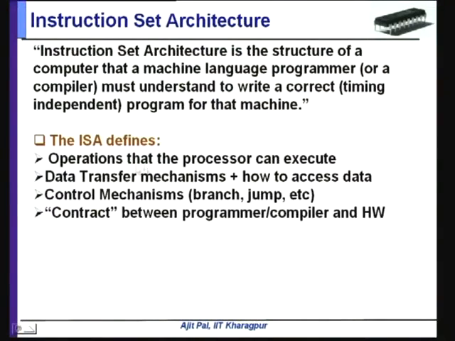It defines the operations that the processor can execute, various data transfer mechanisms, and how to access data either from memory or from registers, then various control mechanisms like branch, jump, and so on. So, it is essentially a contract between the programmer and compiler and the hardware. You have hardware and software, and instruction set architecture is essentially a contract between the hardware and software.